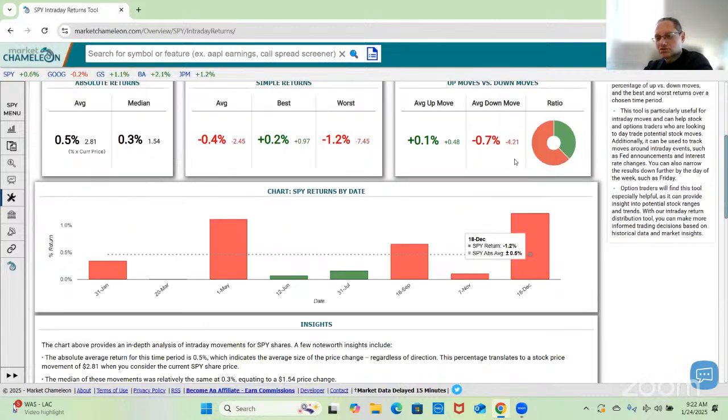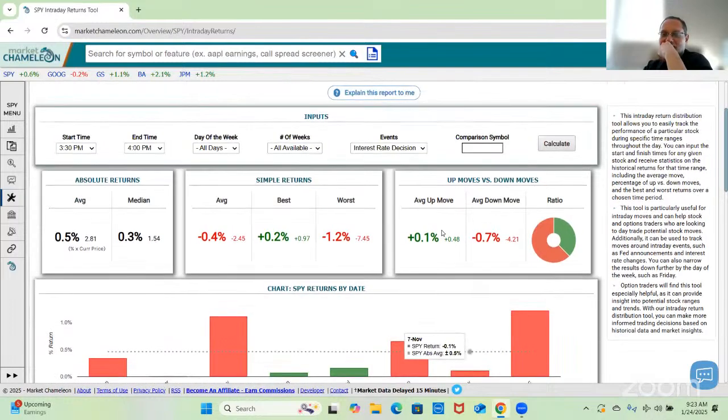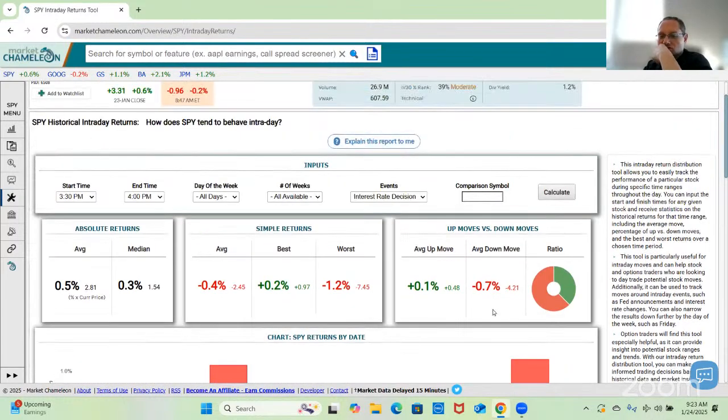Right, so here it looks like we had 1, 2, 3, 4, 5, 6, 7, 8 of those in here. And it looks like the last half hour, the stock tended to drift lower, from this data set. And the magnitude of down moves exceeded the magnitude of the up moves.